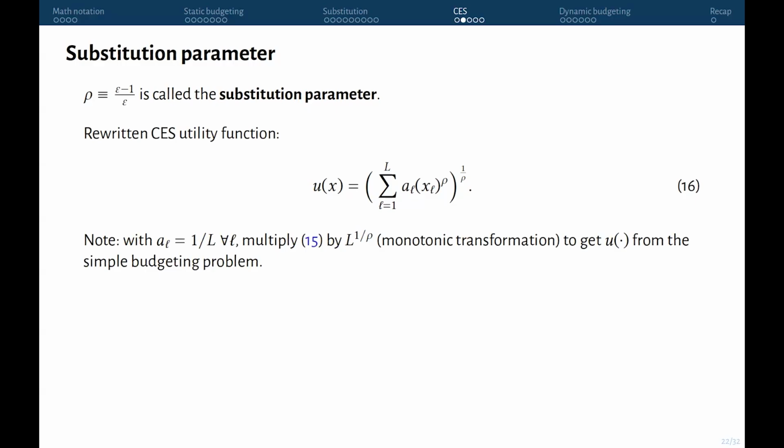And then you can just pull out that L to the 1 over rho, and that's just going to be a monotonic transformation, right? You're just multiplying it by the constant L to the 1 over rho. So the simple budgeting problem is just a mild special case of all CES utility functions with negative rho.